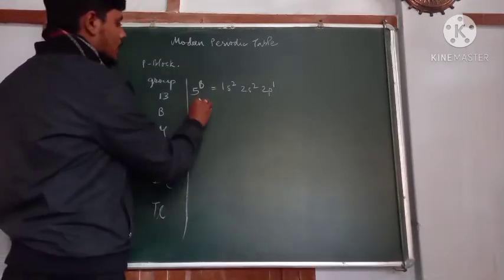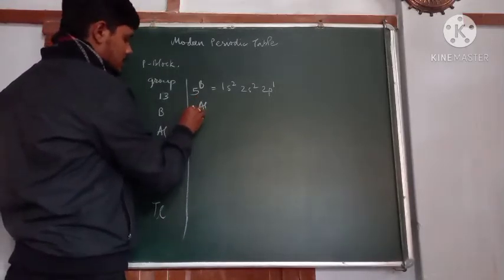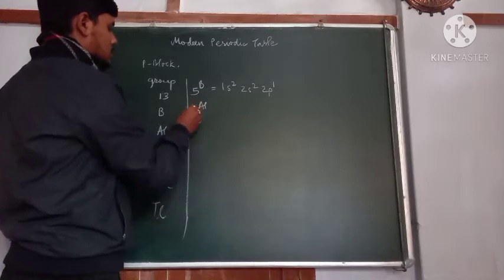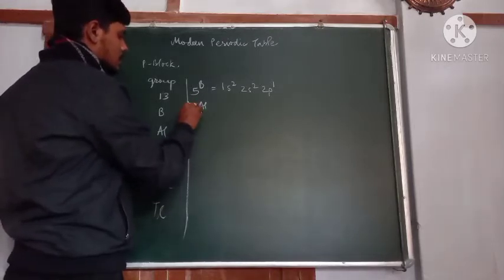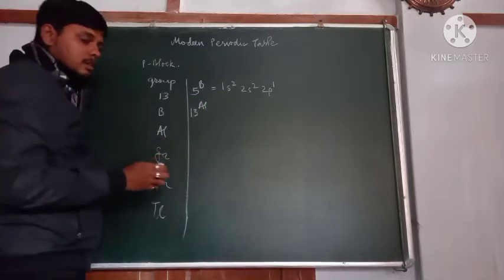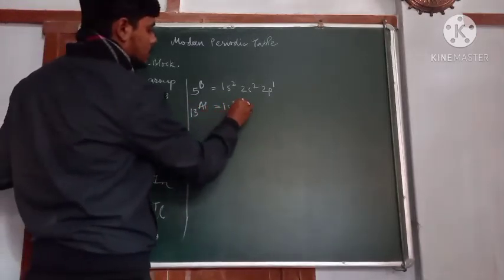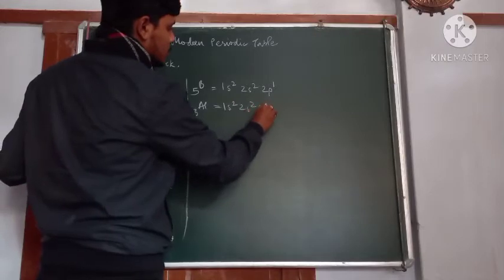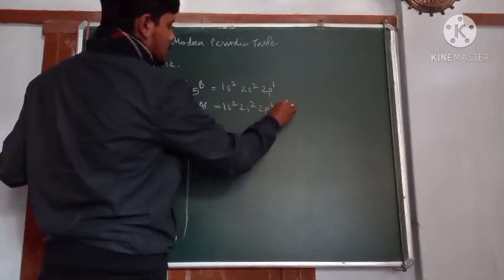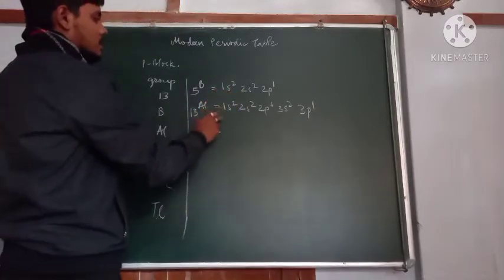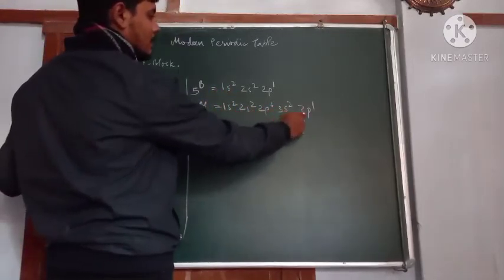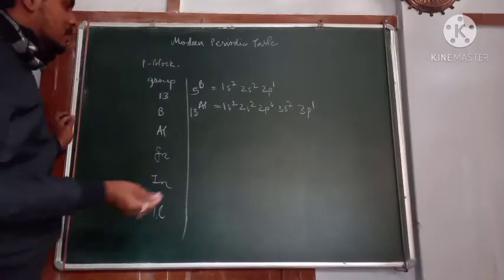For aluminium, atomic number 13, it will be 1s2 2s2 2p6 3s2 3p1. So 1 2 3 4 5 6 7 8 9 10 11 12 13.